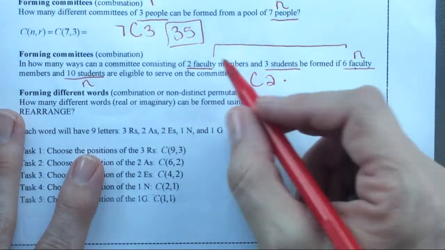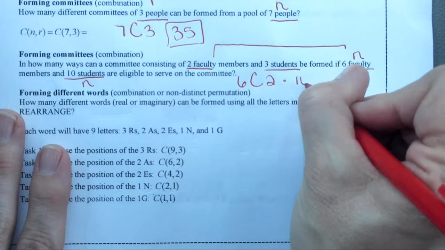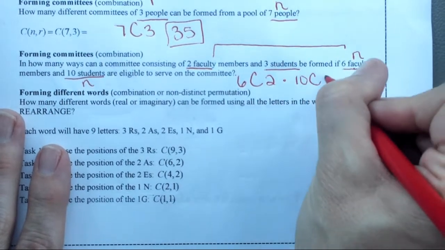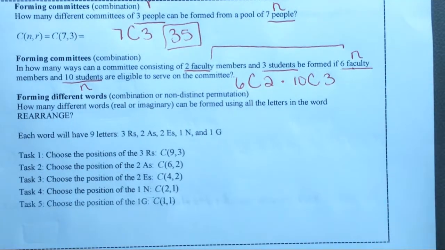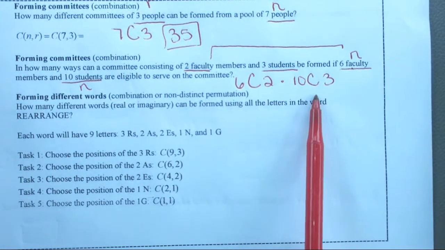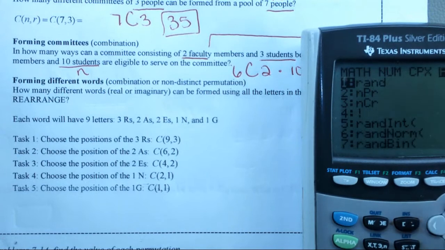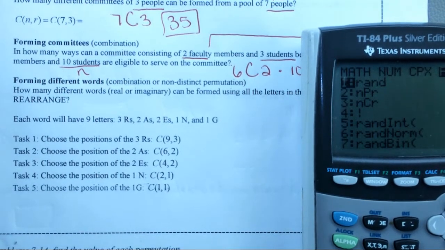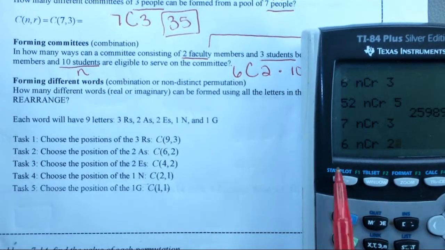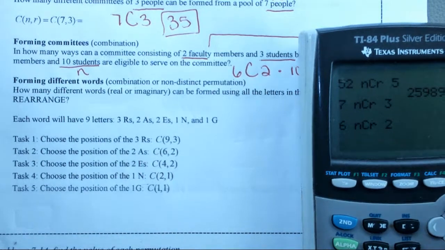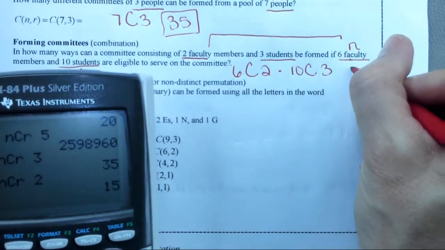And then I'm going to have 10 students, and I'm going to choose 3 of them. And I'm going to find out which each of these are, and then I'm just going to simply multiply them together. Okay, so we're going to do 6 probability. I'm going to go down to combinations. So 6 people, and I'm going to choose 2. There are 15 ways to do that.